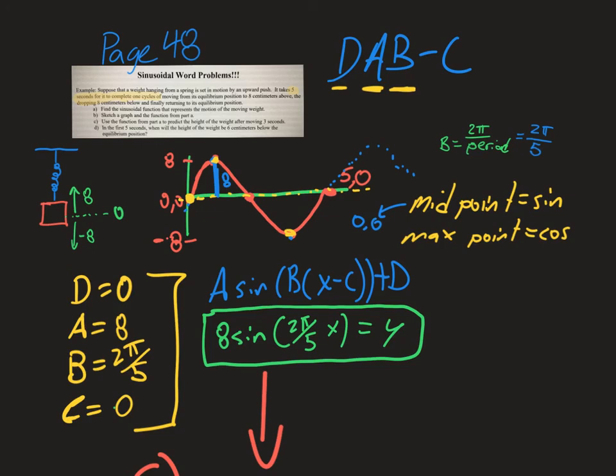It comes back down, goes to -8, and then comes back to 0. And that took me 5 seconds. And I just made a wave, and as long as I got it close to the right shape, I was able to use that information to create the D, A, B, and C values and write the equation. Okay? That's basically the gist of sinusoidal word problems.